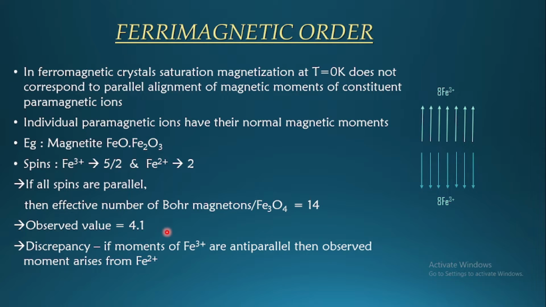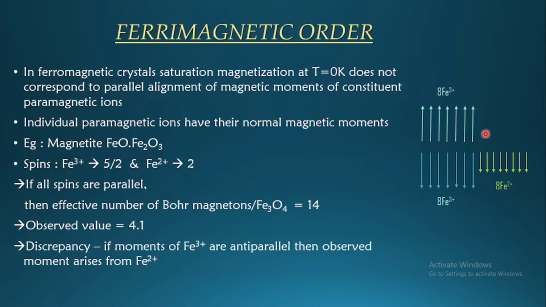So if you consider the spin arrangement in magnetite, that is FeO, Fe2O3, this shows that the moments of Fe3+ ions cancel each other because they are equal and antiparallel to each other, but there remain the moments of Fe2+ ions.